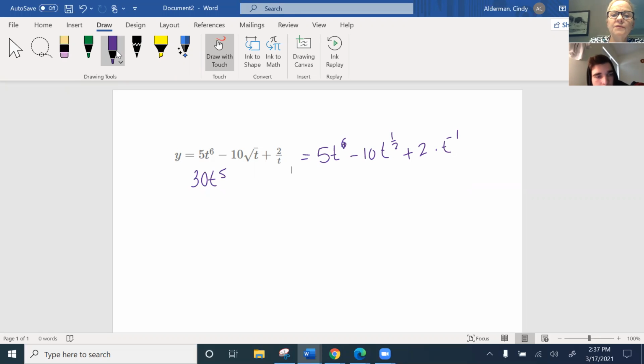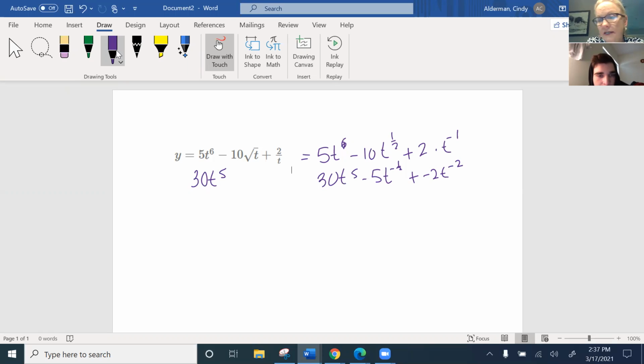So we've got 30t to the 5th. This 1/2 times 10 is 5, t to the -1/2, right? Because we're subtracting 1. Yep. This would be -2, because the -1 times the 2 is -2 t to the -2 power.